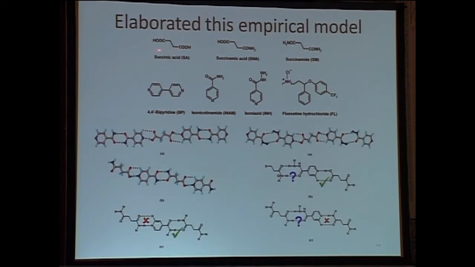This was not done in my lab, but by my student after he joined Professor Guru Row's lab at IISc Bangalore as a postdoc, where he continued this work. So this is a gradation from succinic acid to succinamide and to the hemisuccinic acid succinamide, from carboxylic acids to one acid, one amide, and to two amides. So the strength of the interactions is being varied gradually as you go from left to right.